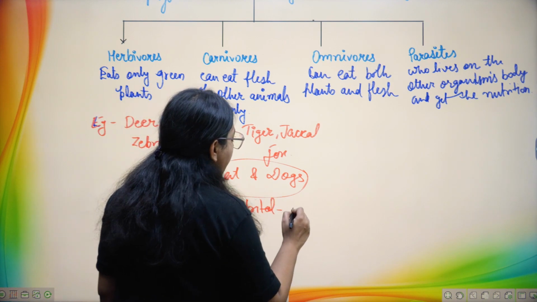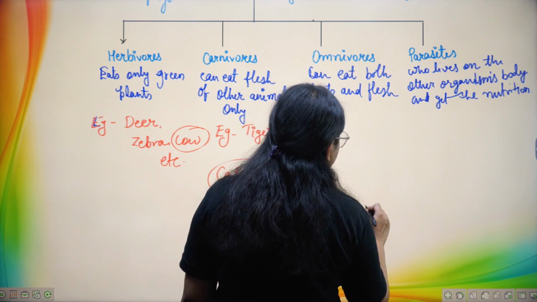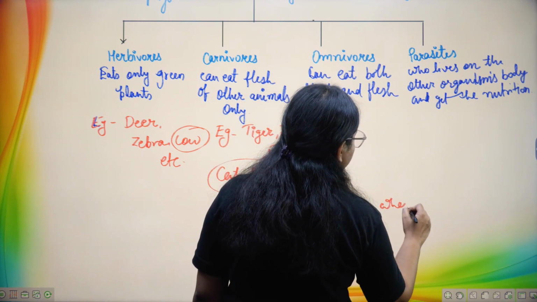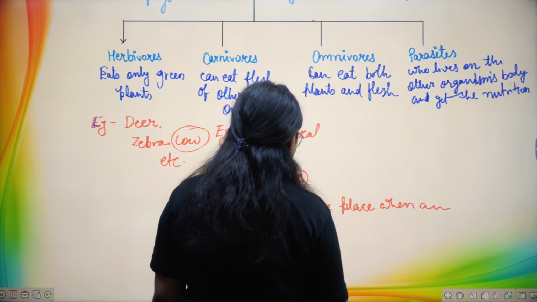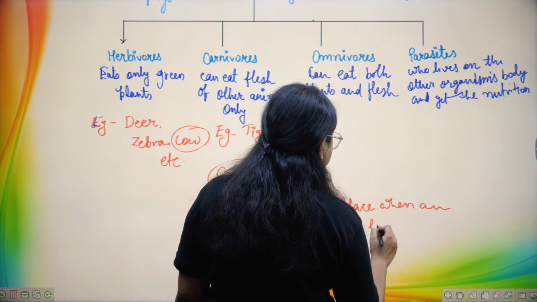So whatever food and habitat we provide them. What is habitat? Habitat is the place where an organism lives.